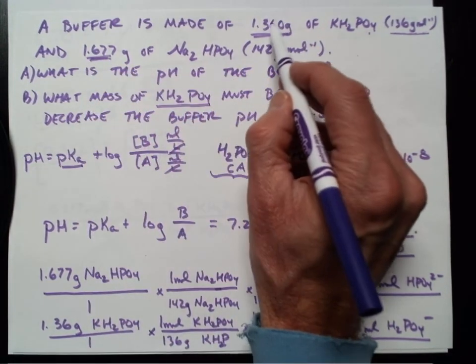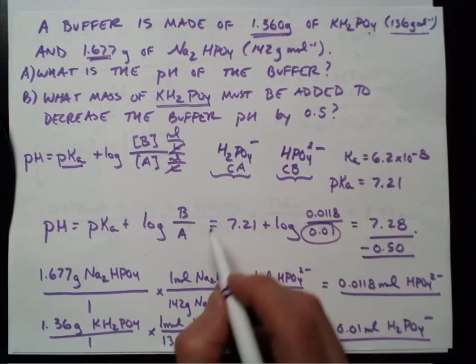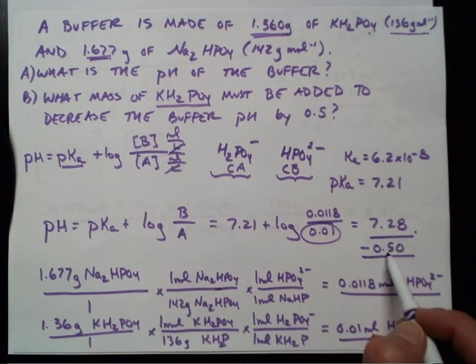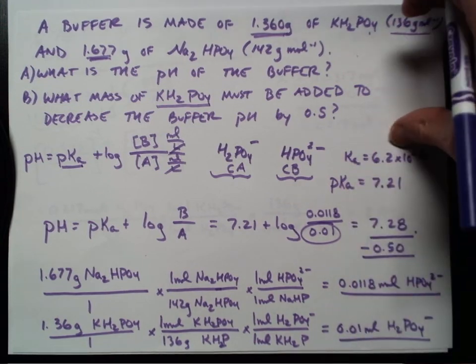I've got to add about 3 grams of this stuff to pull the pH from, what did we start at? 7.28 down half a unit to 6.78.